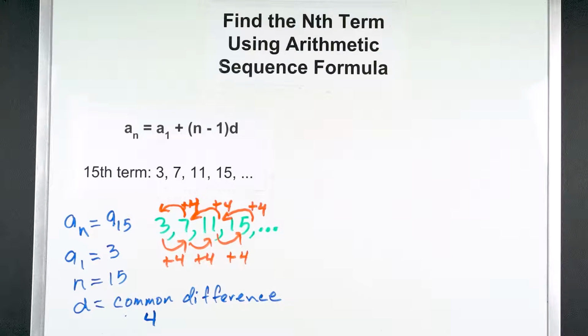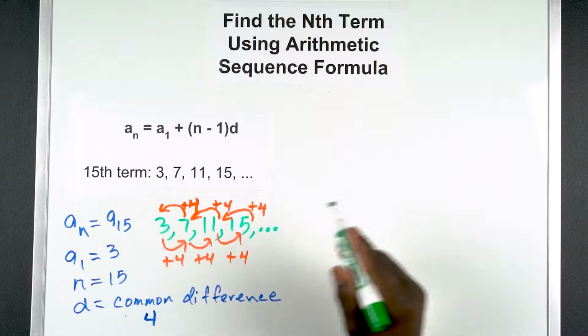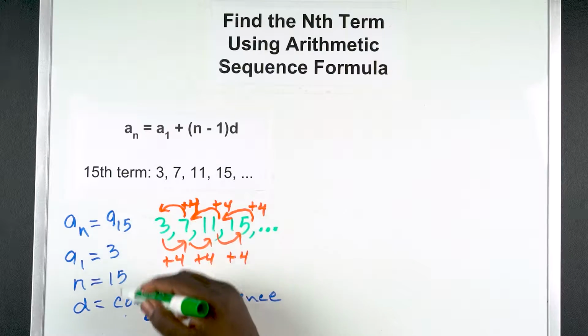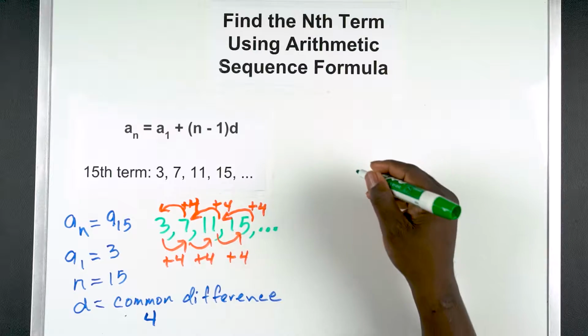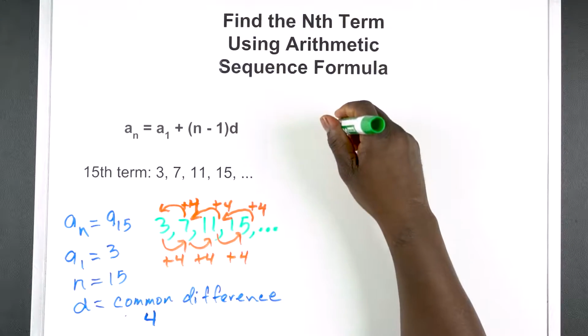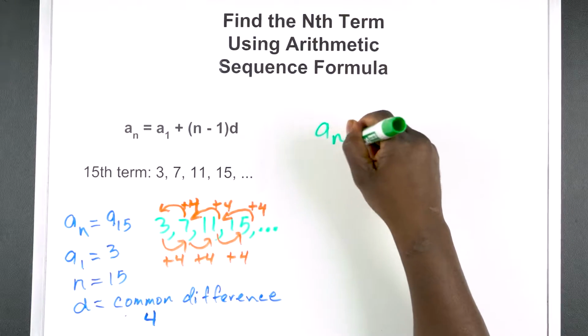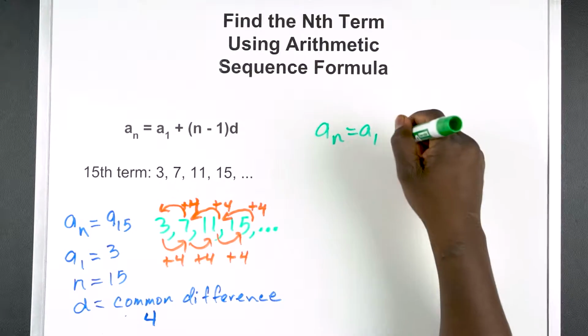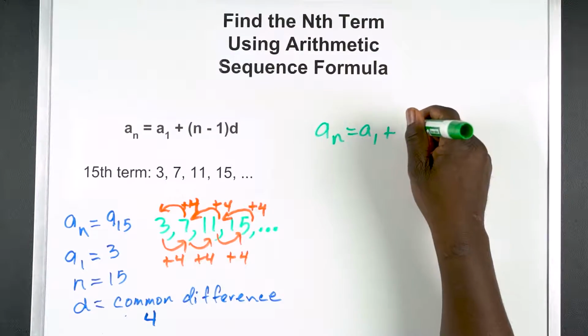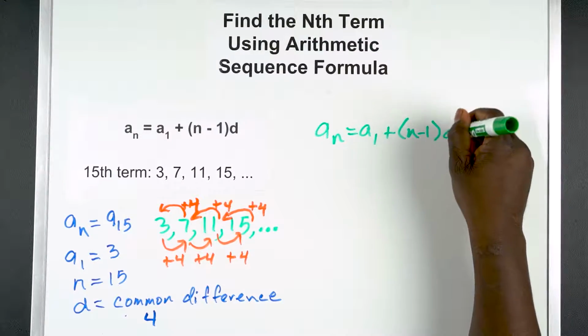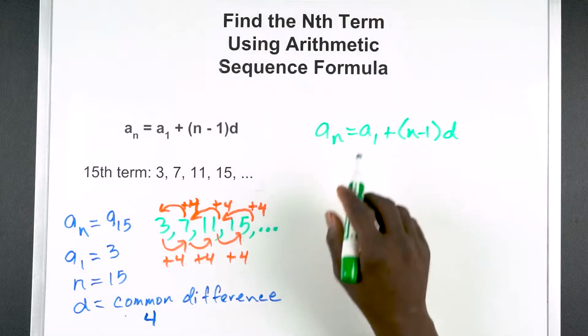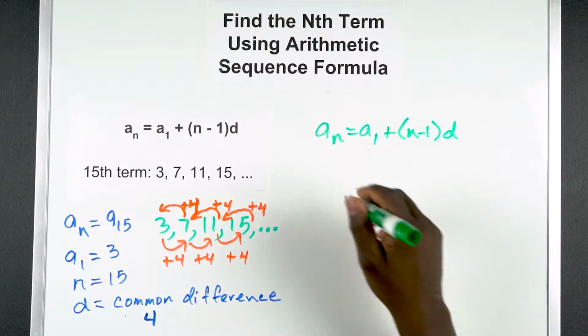All right, so now that we've identified the variables in the sequence, we're going to substitute these values and calculate the 15th term. So I'm going to write a sub n equals a sub 1 plus the quantity of n minus 1 times d. I write the formula again so that we can substitute.